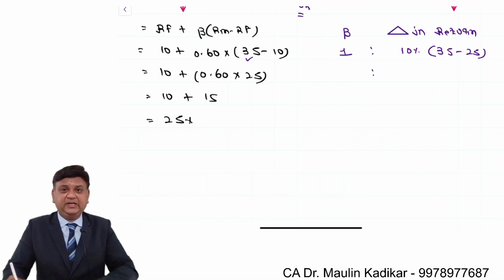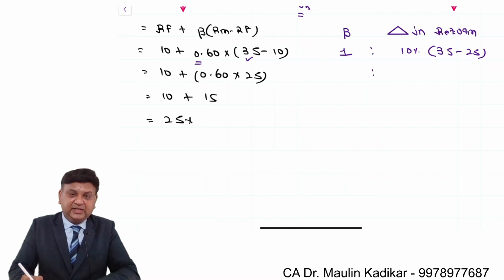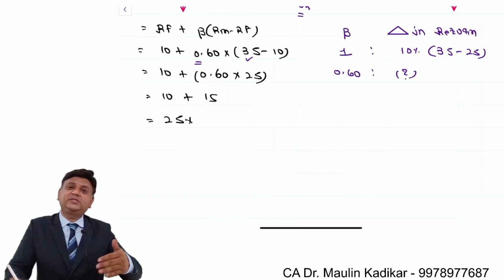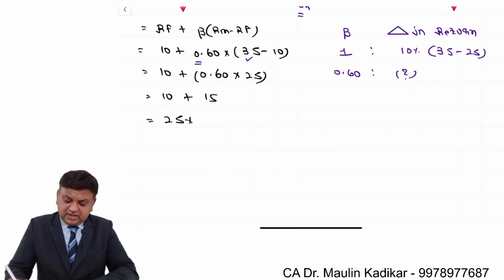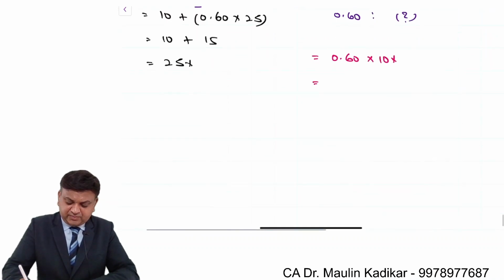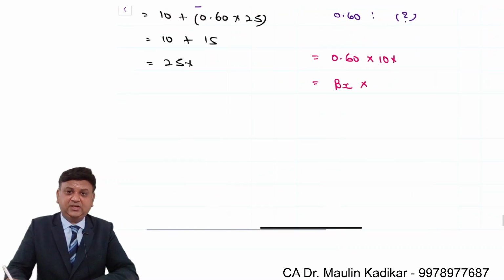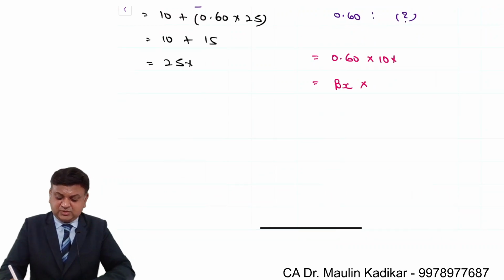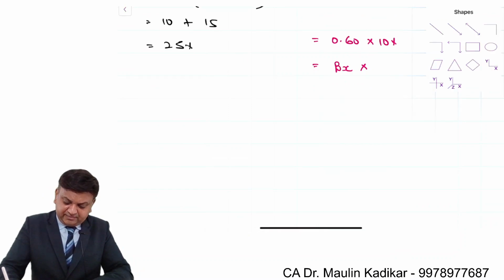So the investors of security X, who bear a risk of 0.6 in their portfolio, will expect a proportionate change in the required rate of return. So investors of security X would be expecting a change in return equal to 0.6 into 10 percentage. 0.6 is the beta of security X, and 10% is the change in RM.